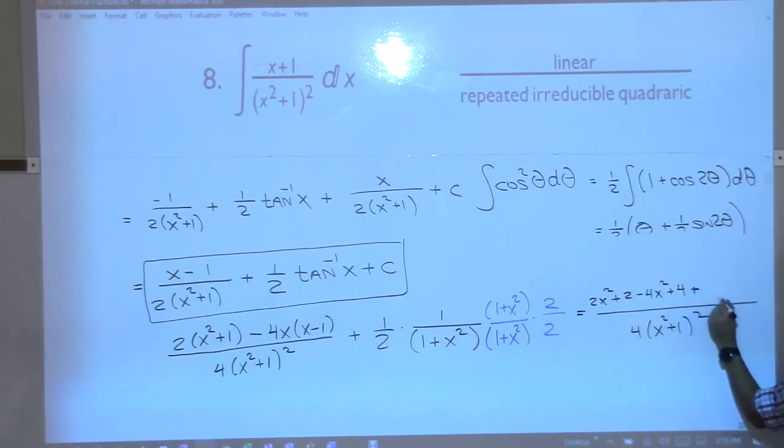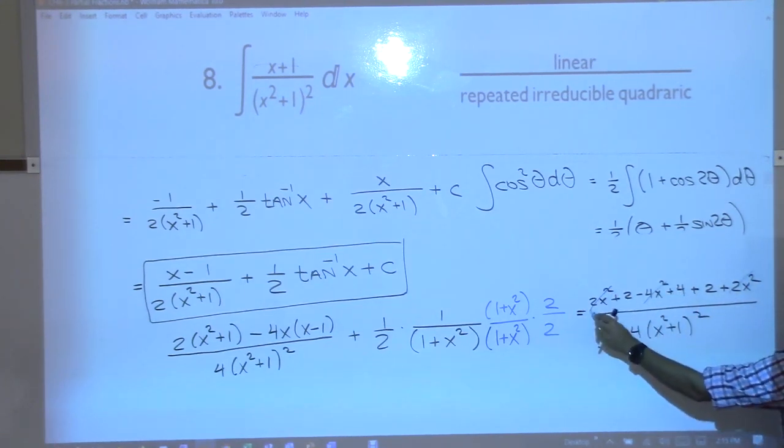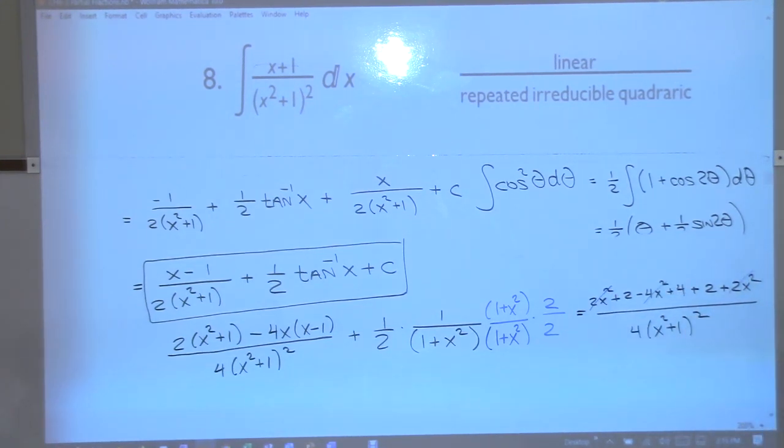Plus 2 plus 2x squared. Minus 4x squared plus 4x. What am I missing? Plus 4x right here, right? Is that what I'm missing? Yeah, that's okay. But everything else goes away, right?